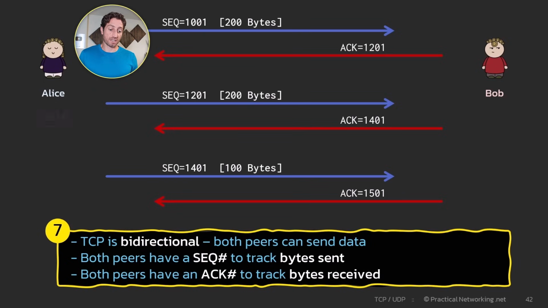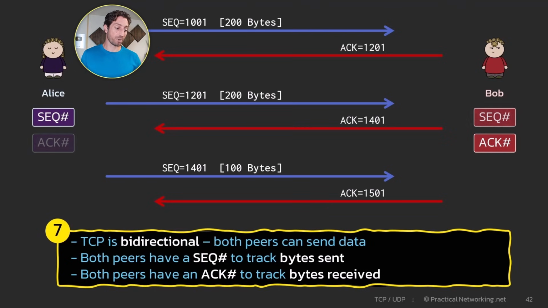So it's not just that Alice uses a sequence number to track what she has sent, and Bob uses an acknowledgement to track what he has received. It's also that Bob has his own sequence number, independent from Alice, to track what Bob sends to Alice, and Alice has her own acknowledgement number to track what she has received from Bob.